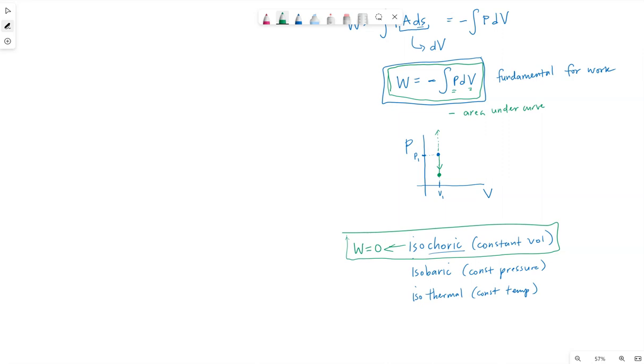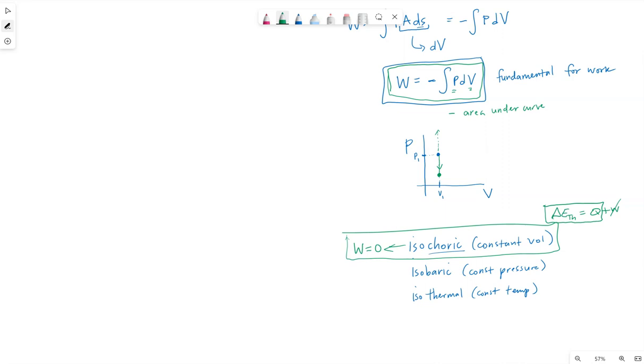Which means if we go back to the first law of thermodynamics, if there's no work being done, then the change in thermal energy has to be equal to the heat. So we're going to have a few different relationships that come about because of these processes.